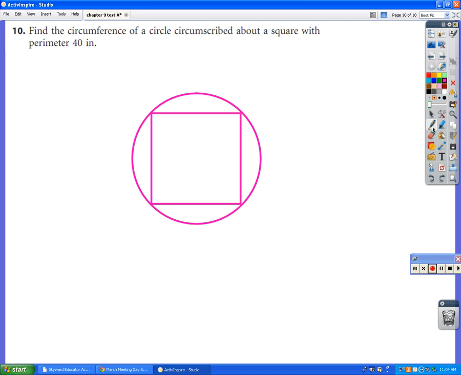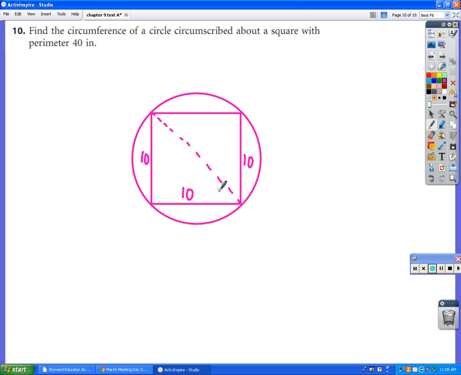So if the circle is circumscribed, the circle is around the square. If the perimeter of this square is 40, what do you know about the square? Side length of 10. And then that will allow us to find the diameter, the diagonal. Good.